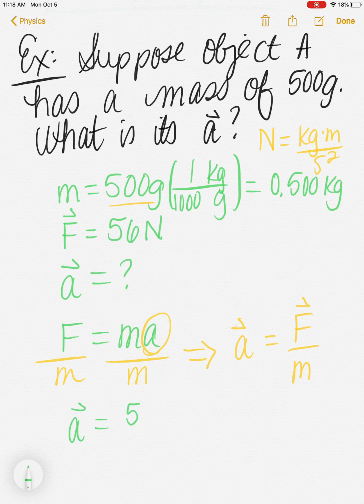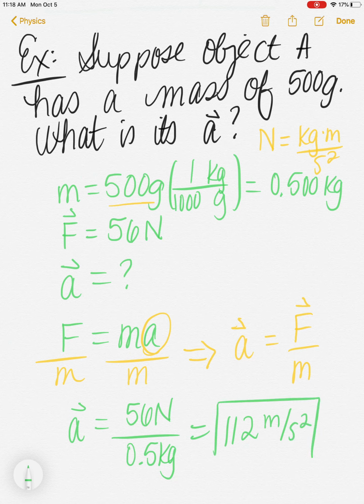Now we can calculate our acceleration by taking 56 newtons divided by 0.5 kilograms. I believe that's going to work out to be 112. Yep. But we are missing a unit label. Since this is acceleration, the unit label would be meters per second squared.